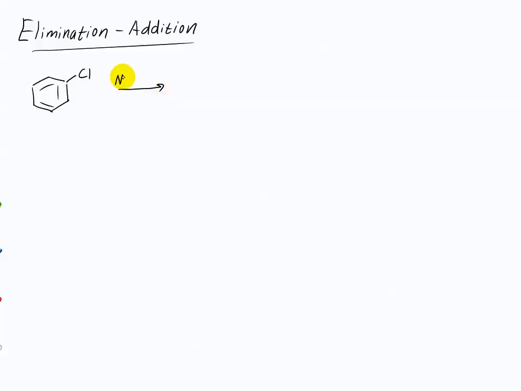So if you heat chlorobenzene up with similar conditions, but actually you need really high temperatures now, you can get what looks like a substitution.